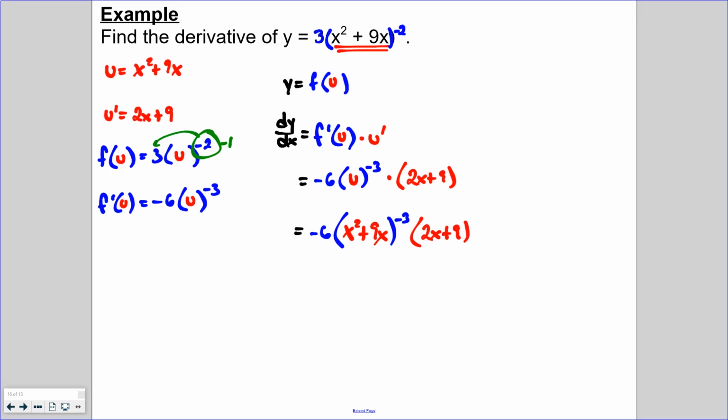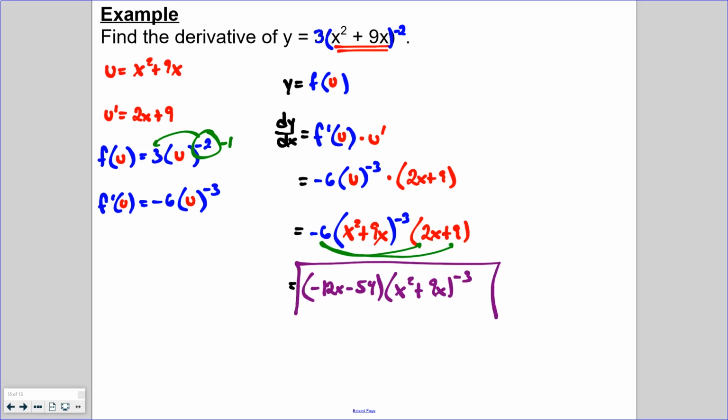So that means we're going to take the negative 6 and distribute it into the second quantity, which doesn't have an exponent. So that's going to leave us with a final answer of the quantity negative 12x minus 54 times the quantity of x squared plus 9x to the negative third power. And there we have our derivative.